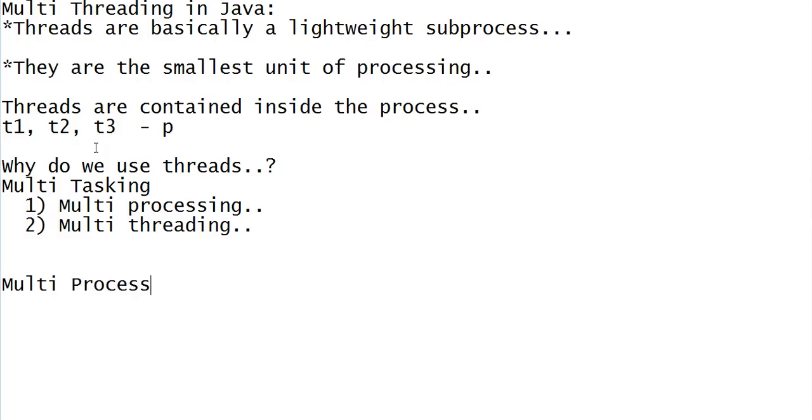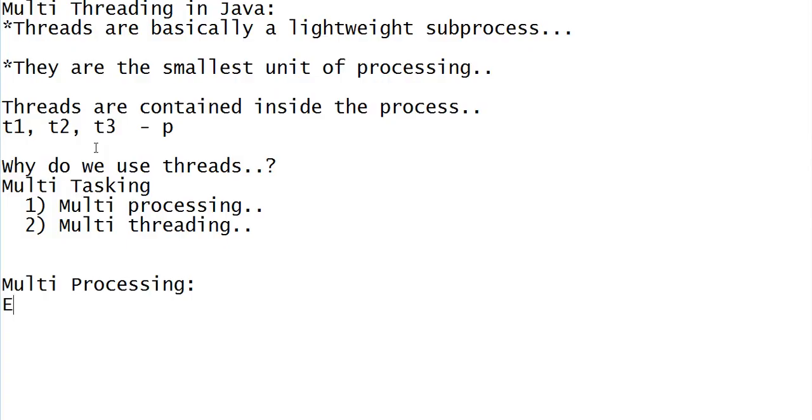So what is multiprocessing? In multiprocessing, each process has its own address in memory. That is, each process allocates a separate memory area.